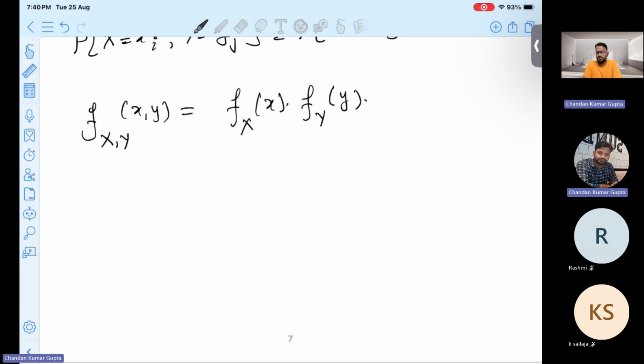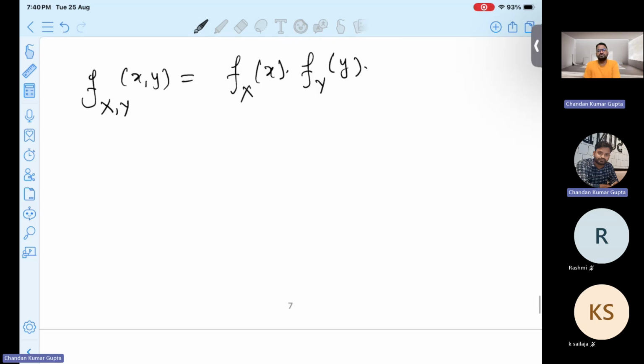Then one of the most important multivariate distributions is the multivariate normal distribution, or bivariate normal distribution. For simplicity, we will discuss the bivariate normal distribution. Up to this point, if there is any question to anyone, please let me know.